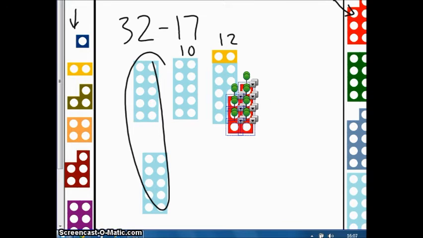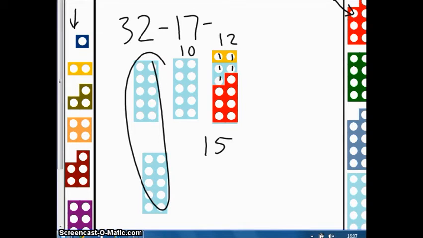When I have my 7 now over top, I can see how much is left over. 1, 2, 3, 4, 5 units, and 10 makes 15 is my answer. It's another way to do it. Using the physical things here, I can show how the 10 units are interacting.